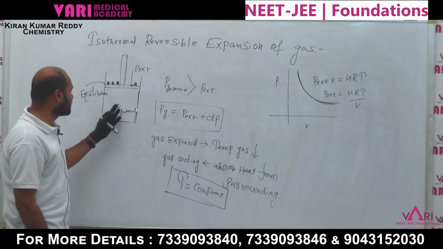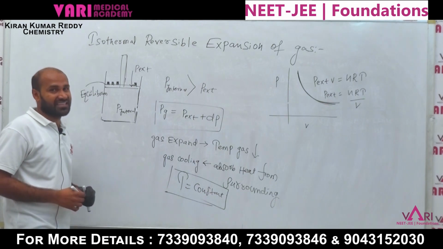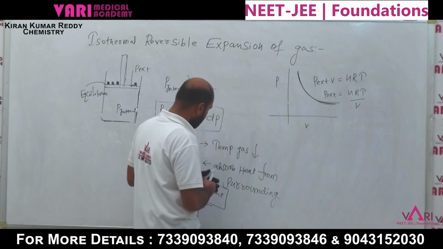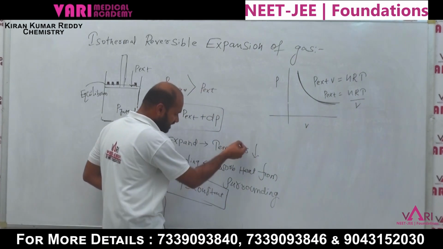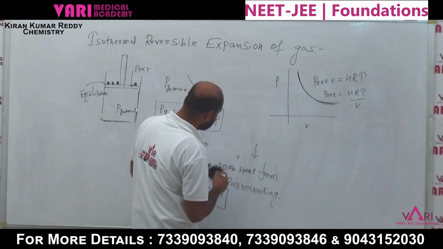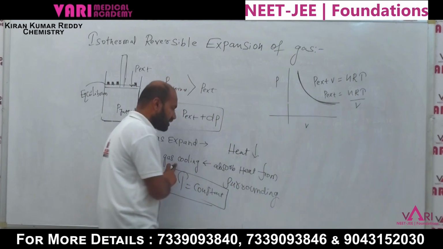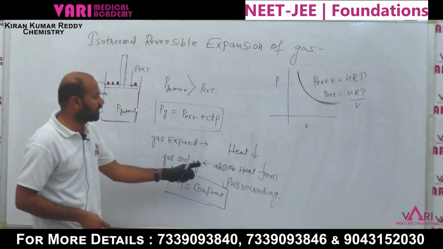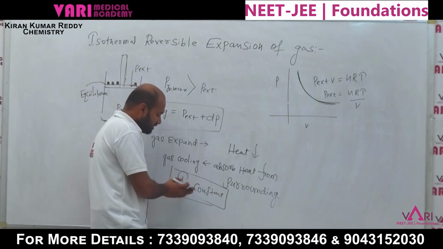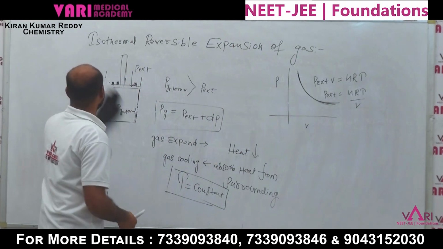Don't get confused: the temperature is constant. The heat inside decreases, so the gas is slowly cooling. Cooling means it absorbs heat from the surroundings, but still the temperature of the system is constant. Now use the formula.